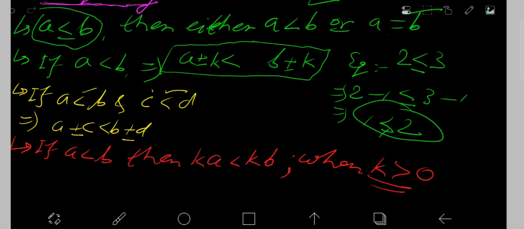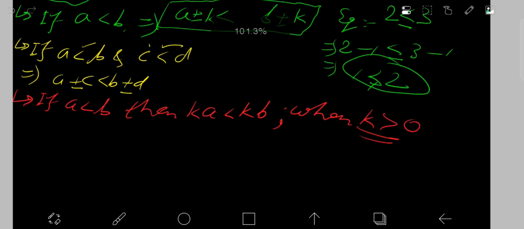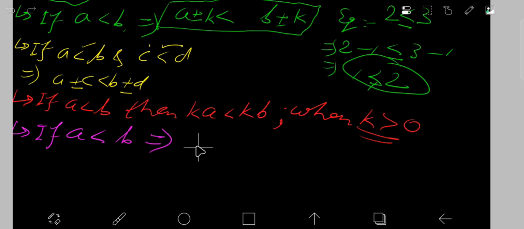The next property: when we multiply an inequality, suppose a is less than b, then the inequality changes to ka greater than kb if k is a negative number.